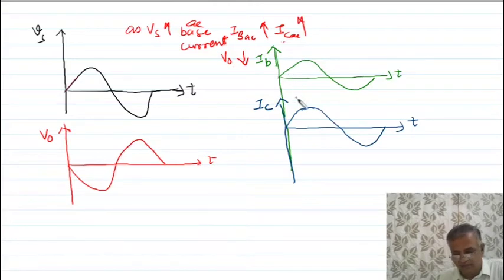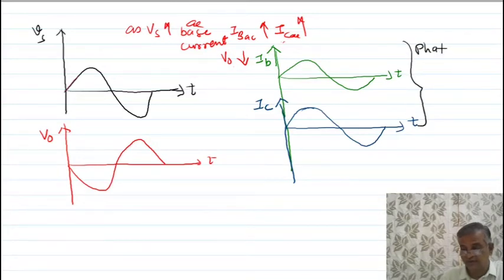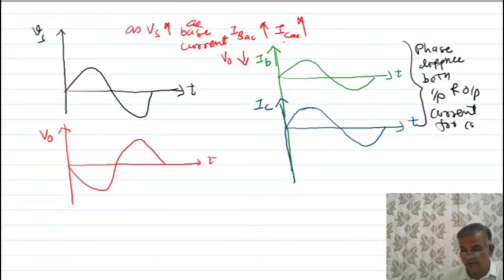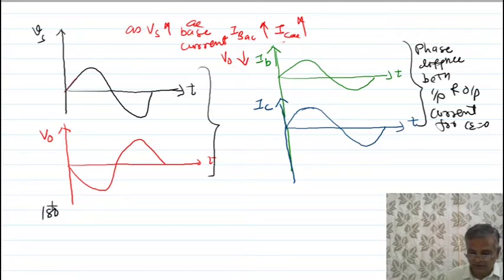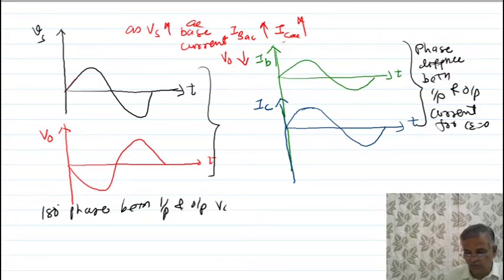Okay. So the phase difference between input current and output current is 0. This is most important. The phase difference between input and output current for common emitter is 0, but there is a 180-degree phase shift between input and output voltage for common emitter.